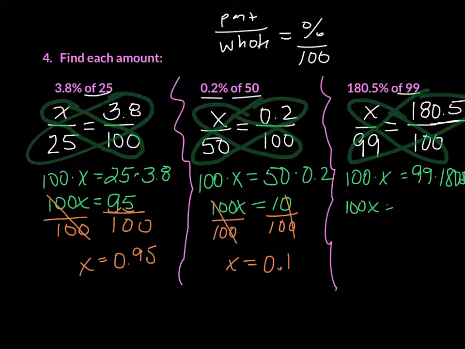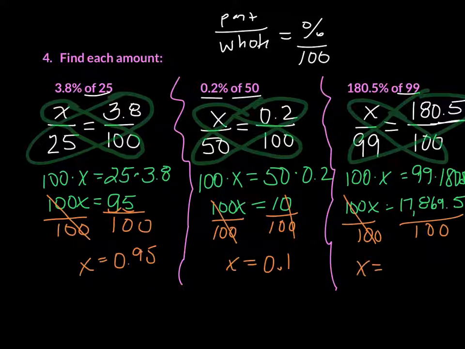Which is 17,869.5. I'm going to be dividing both sides by 100. These 100s cancel.